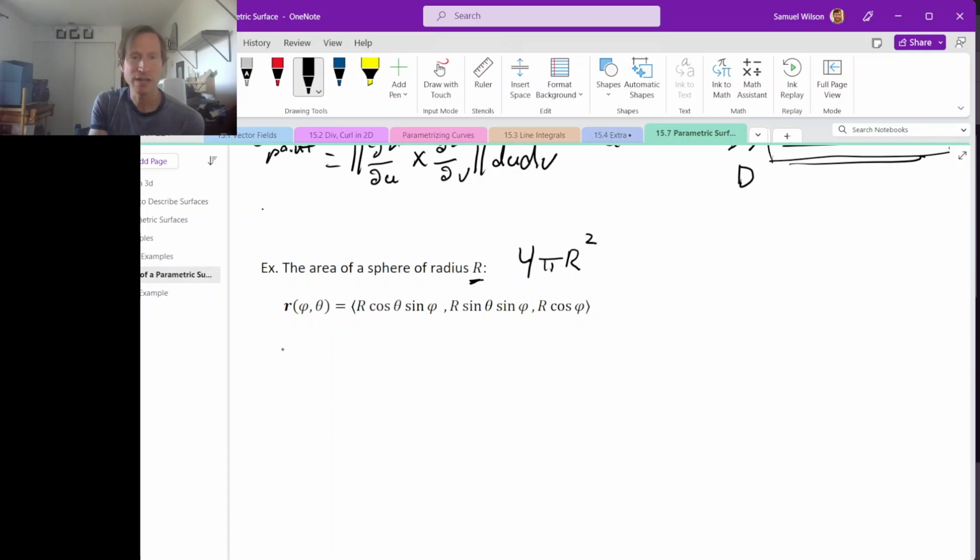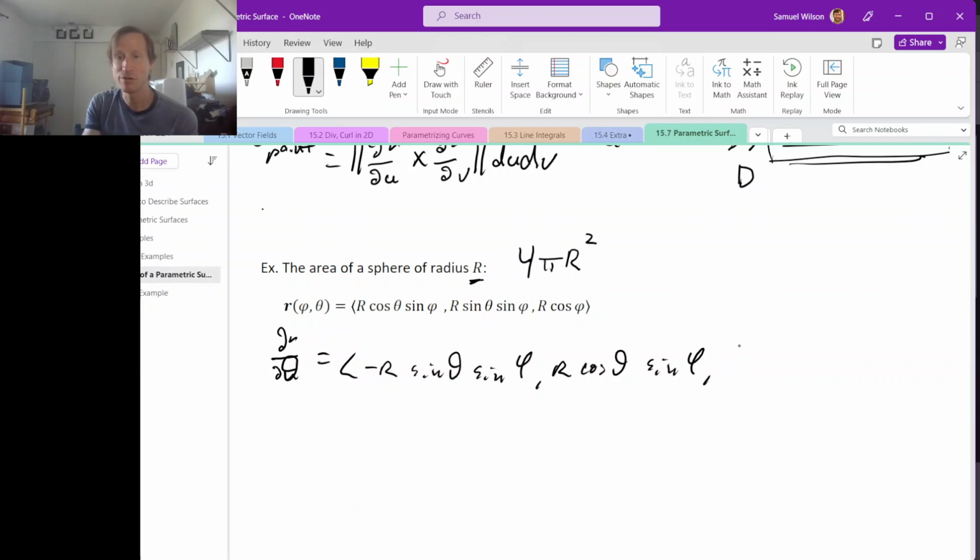So let's calculate partial r partial u. Actually, partial r partial theta. I'm using theta and phi here. So partial r partial theta is going to be minus r sine theta sine phi, comma, r cosine theta sine phi, comma, 0. There aren't any thetas in the third coordinate.